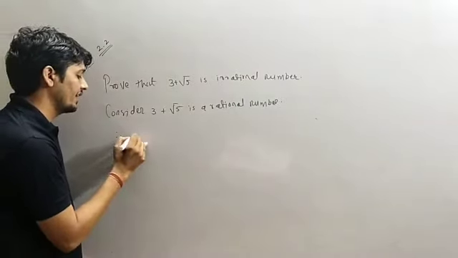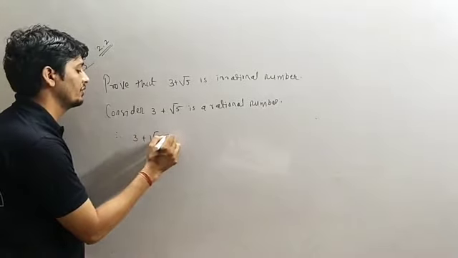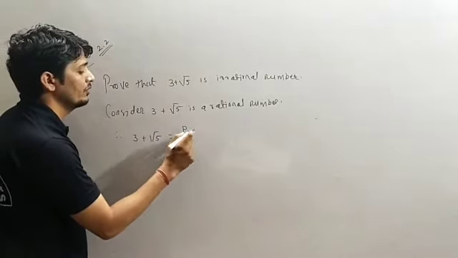Therefore we can write 3 plus root 5 equals p by q.